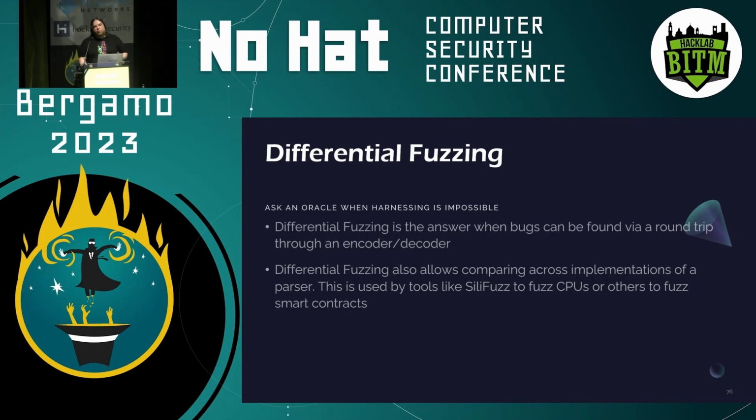So you tend to create an oracle, kind of a third component that determines whether or not the behavior has been modified. An example of this would be when people are looking for CPU bugs or bugs in disassemblers, they'll run the same code through multiple disassemblers, and of course we would expect the output to be the same, but if there's any sort of difference there, then you can detect bugs in the disassembler decoder, for example.